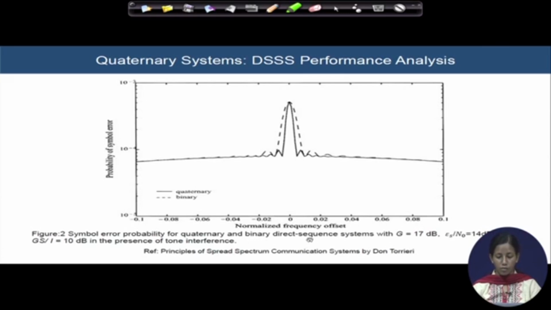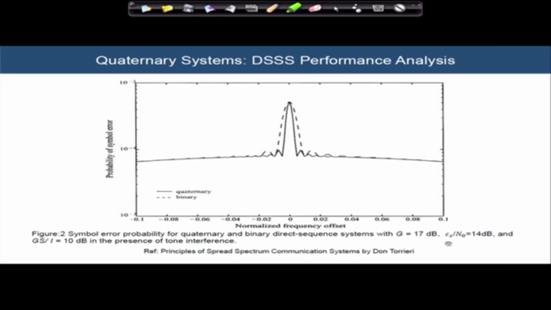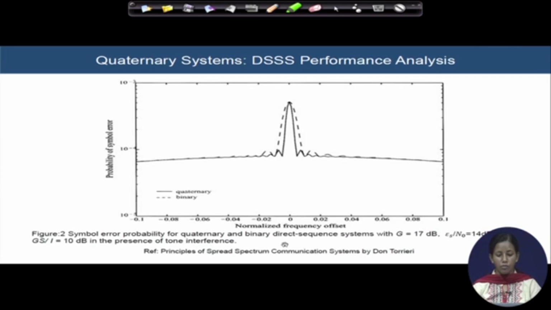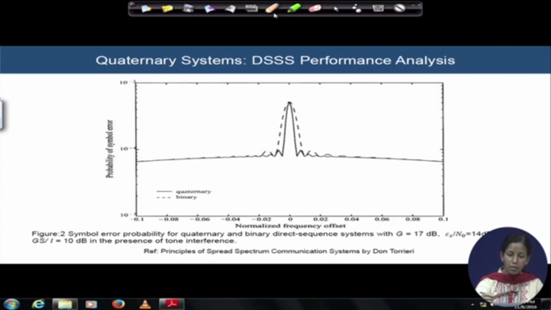In this experiment the gain is equal to 17 dB, the signal energy to noise power spectral density is fixed at 14 dB, and the signal to interference power is considered to be 10 dB. Tone interference is present and FD is considered to be 0, that means the tone interference is present exactly on the center frequency of transmission.